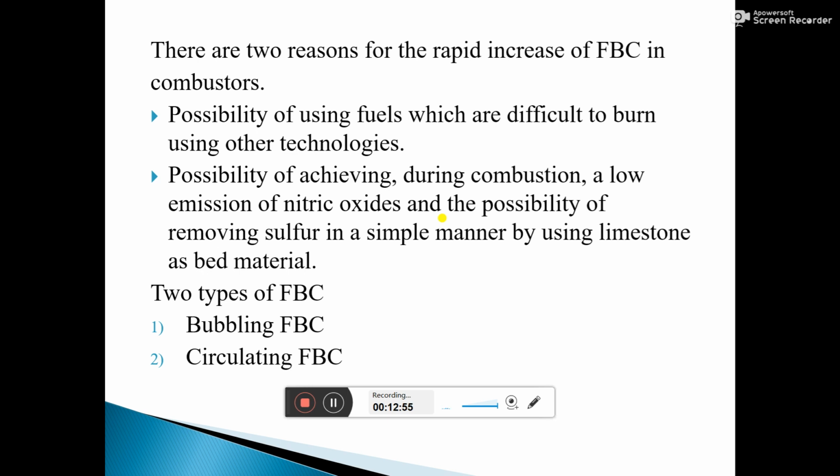There are two types of fluidized bed combustion. First one is bubbling fluidized bed combustion. Second one is circulating fluidized bed combustion.